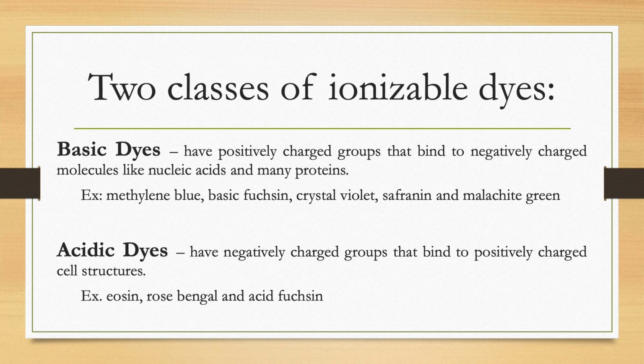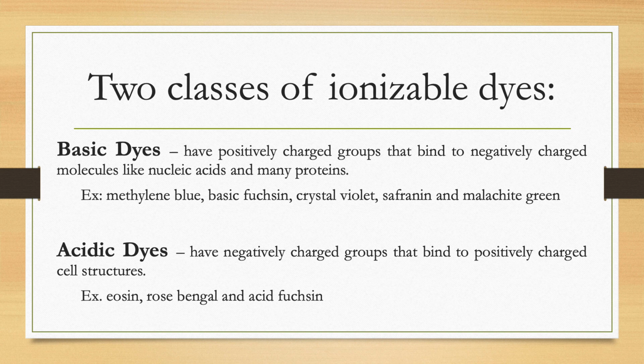Included in these are the bacterial surfaces or the bacterial cell walls, which are negatively charged. And so basic dyes are usually used as the stains of bacteria in the microbiology section.